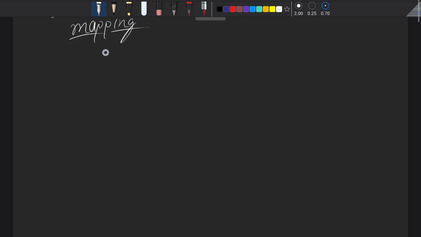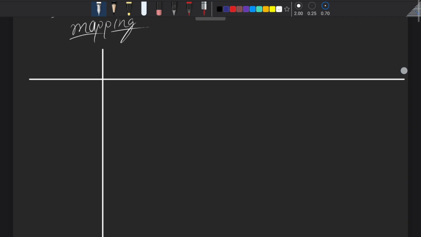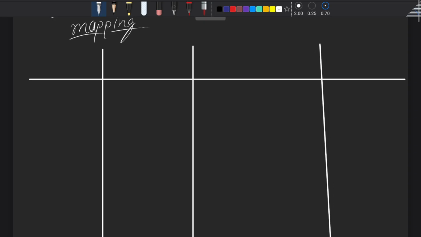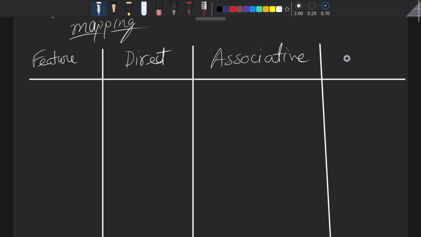Let's make the table. So in this column we will be having the feature, here direct mapping, here associative, and here set associative.